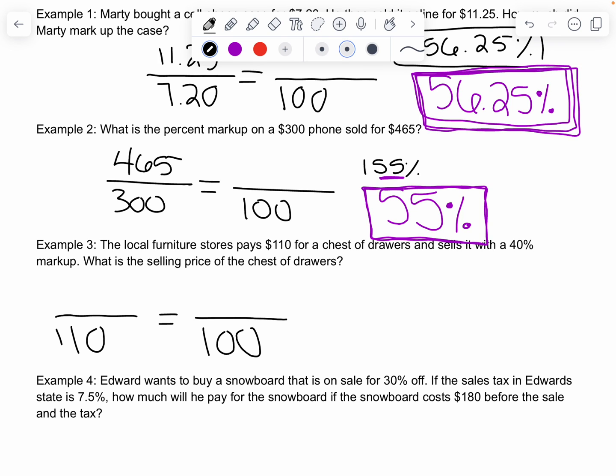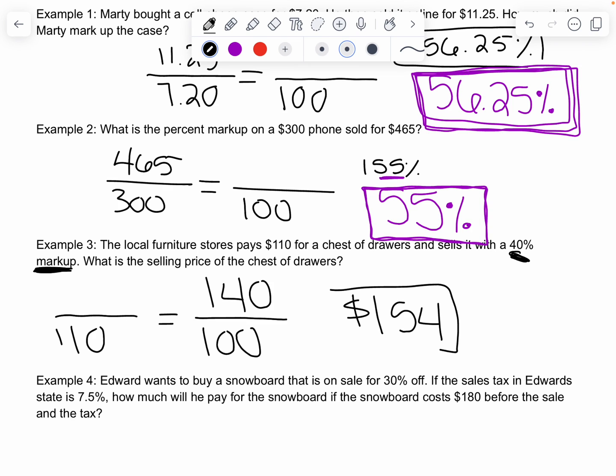So we're not going to put 40% here because it was a markup. We're going to put 140%. You already pay 100%. Now you're going to pay 40% more. So in your calculator, do 110 times 140 divided by 100. And you should get $154.